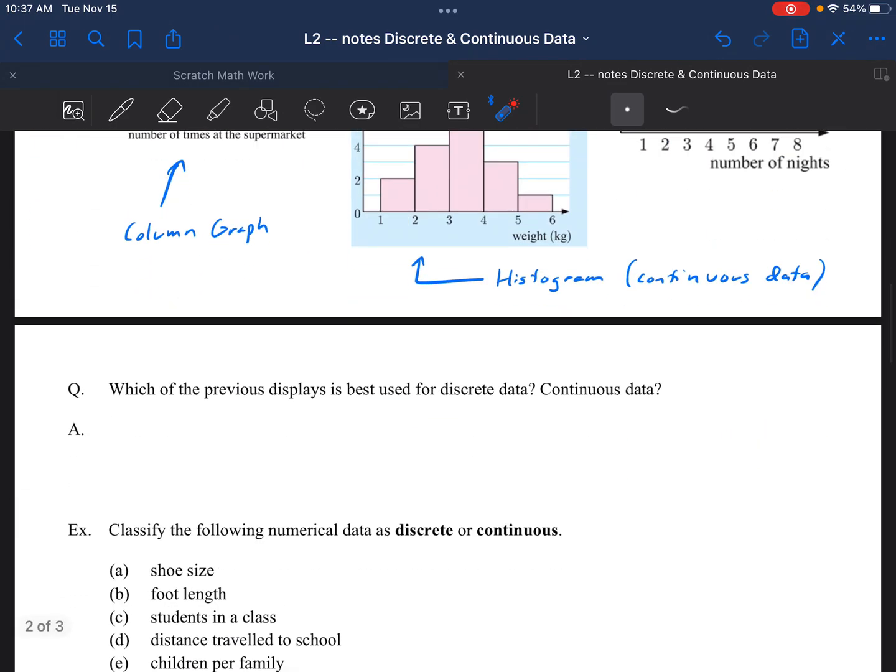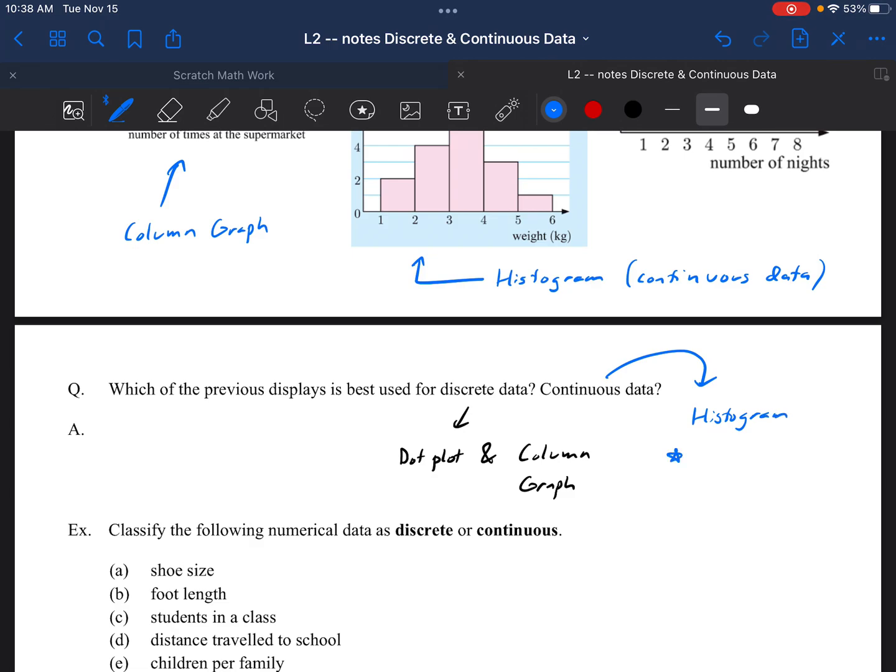So I'm going to say for discrete, the dot plot and the column graph. Okay, and for the continuous data, usually that's going to be a histogram, and then I'm going to put star, maybe a frequency table, but that just really depends. Okay, depends on how you sort your data, and hopefully you guys can read that.